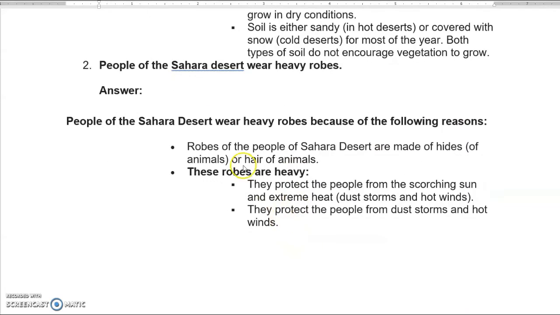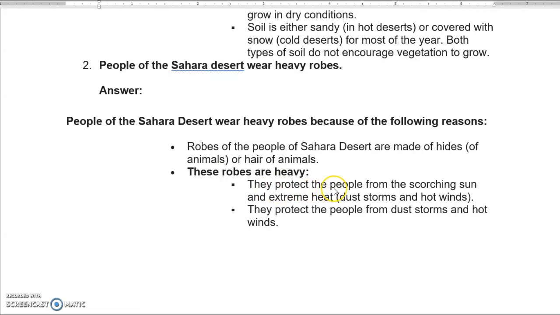First one, robes of the people of Sahara Desert are made of hides of animals or hair of animals. And these robes are very heavy. Why?